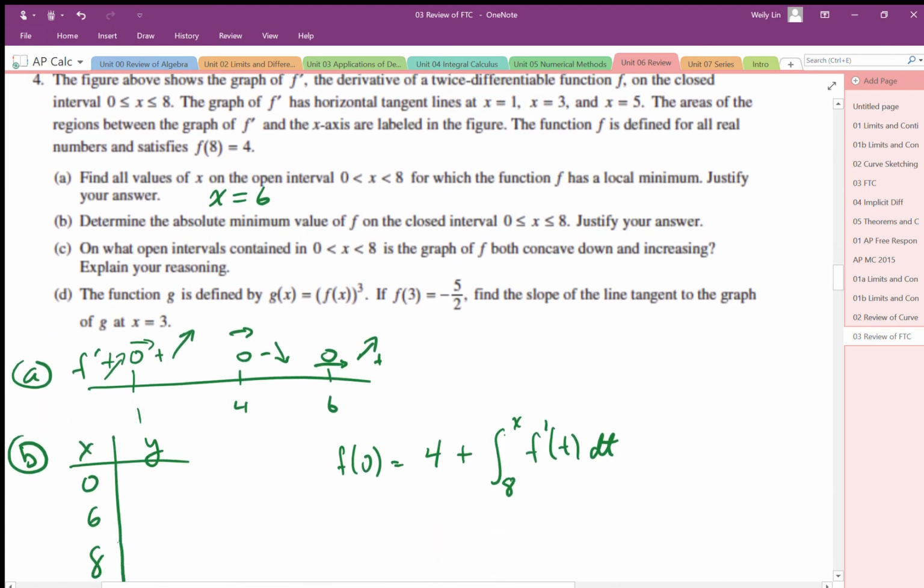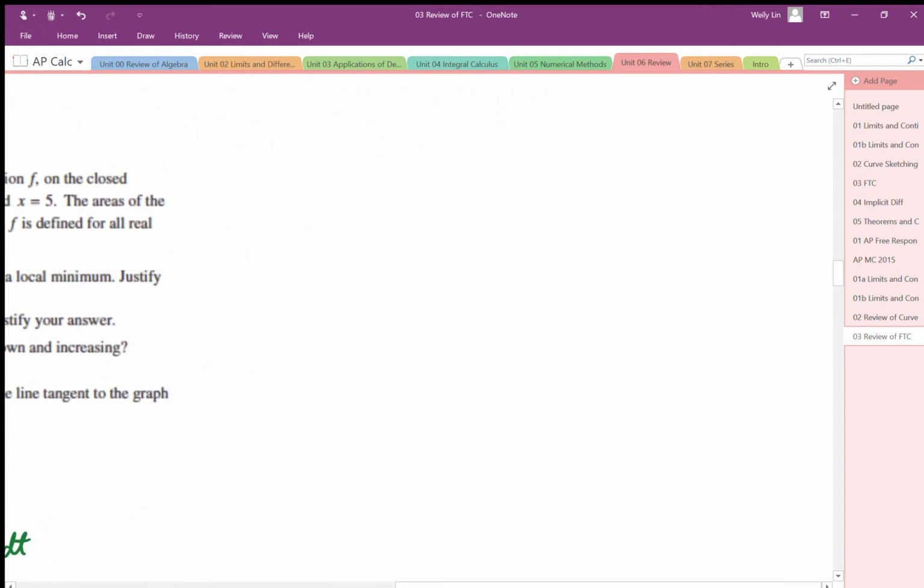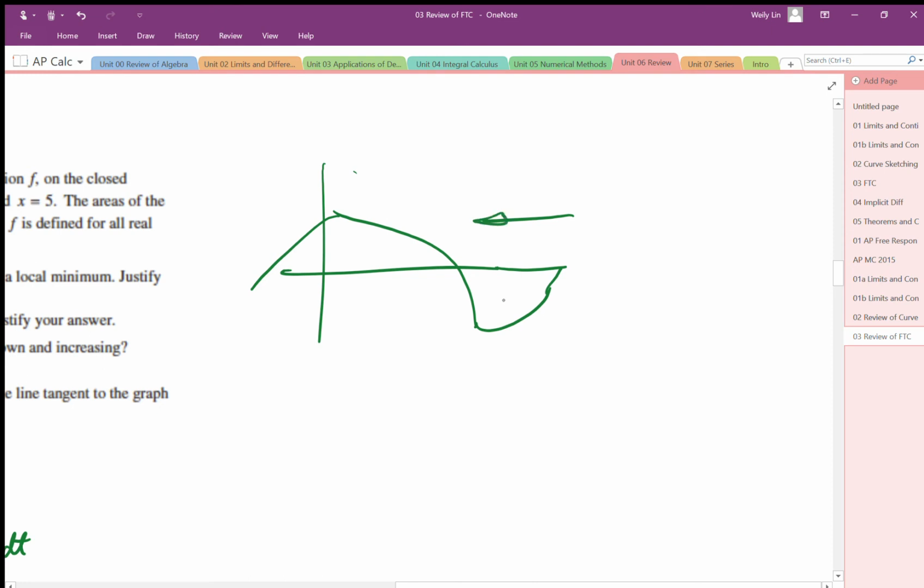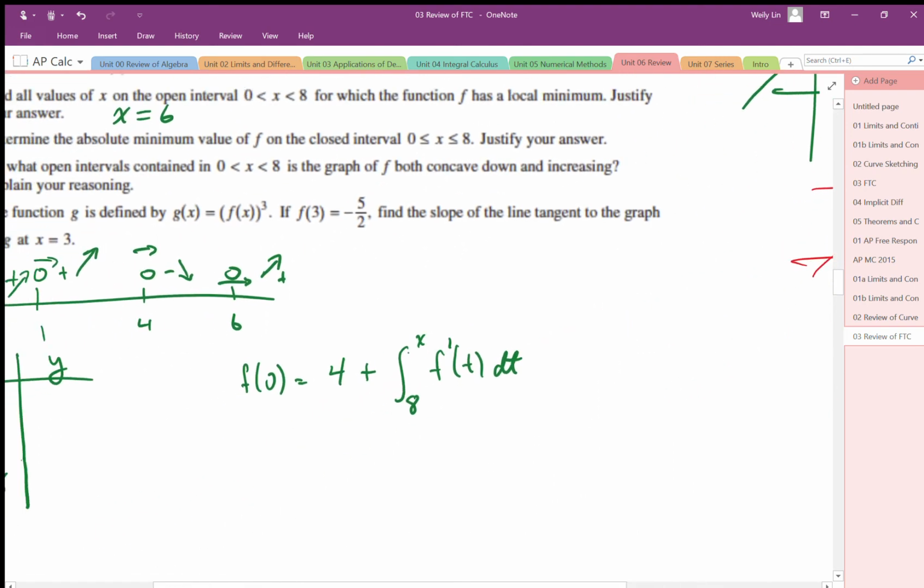That's important. Maybe I'll draw a quick diagram here. If I have positive area and negative area in this direction, that's positive and that's negative. If I integrate in this direction, I'll draw the same graph, that will be positive area, that's negative area. That's what normally we would expect. But this is not the case.